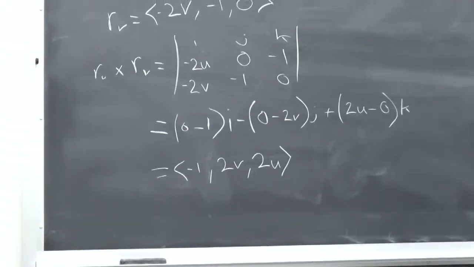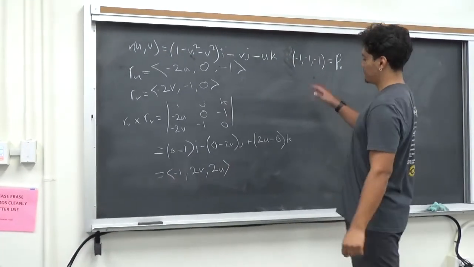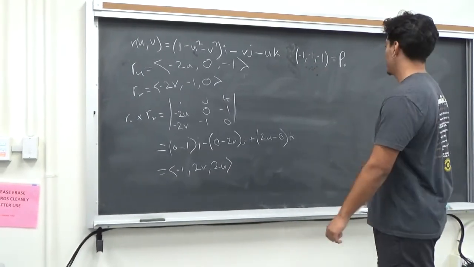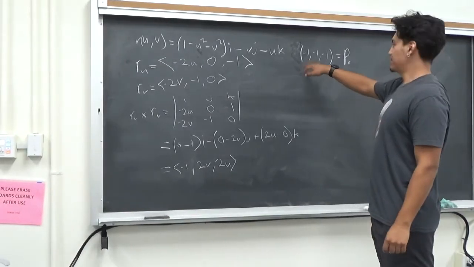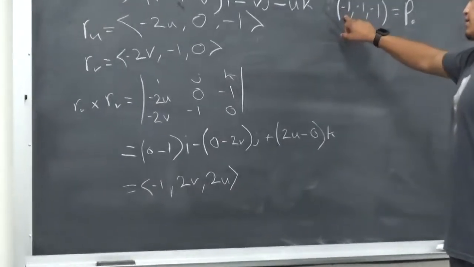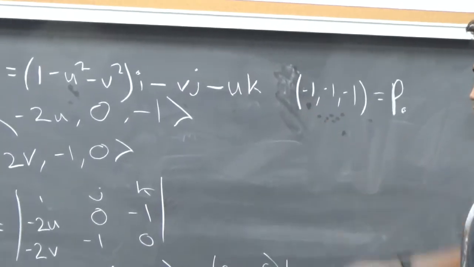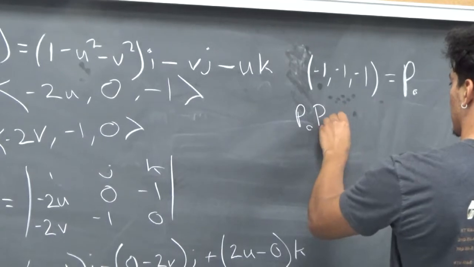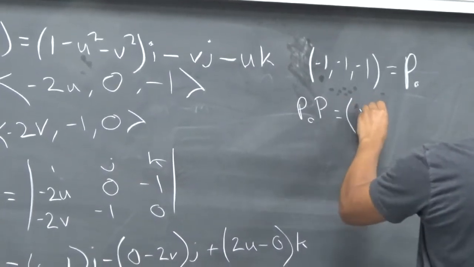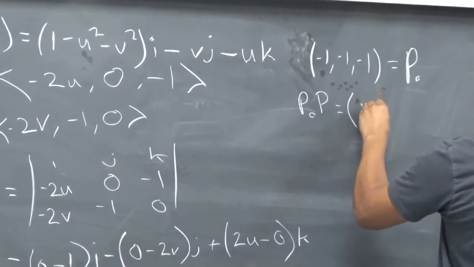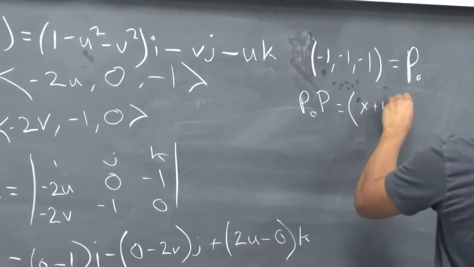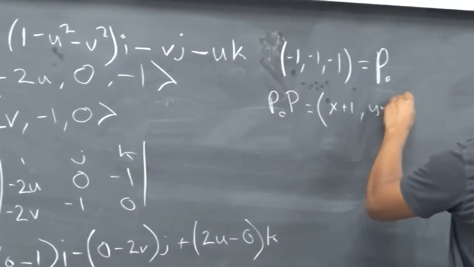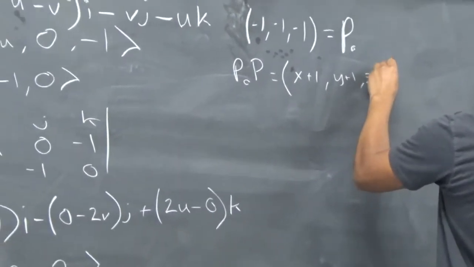So how we're going to want to get the tangent plane at this point, -1, -1, -1, we're going to do the dot product with this point in terms of x minus the x point of the initial point. So it's going to look like this. It'll just be x minus -1, which is x plus 1, and then y plus 1, because we got -1s up here, and then z plus 1.